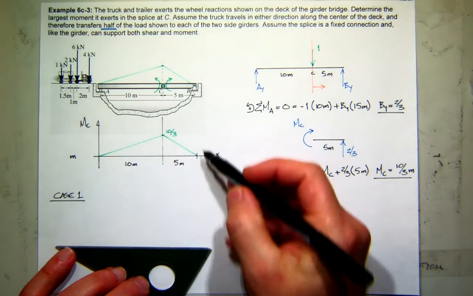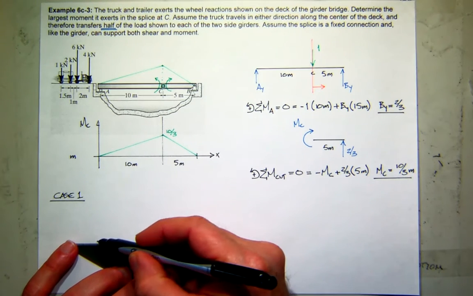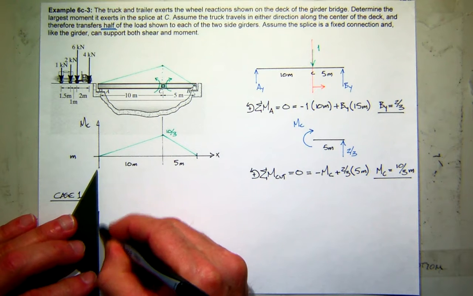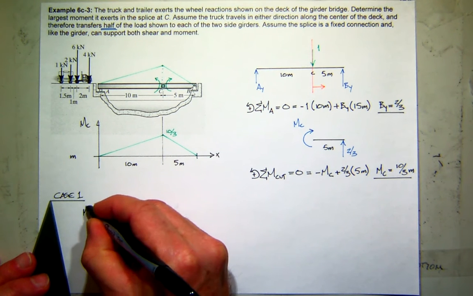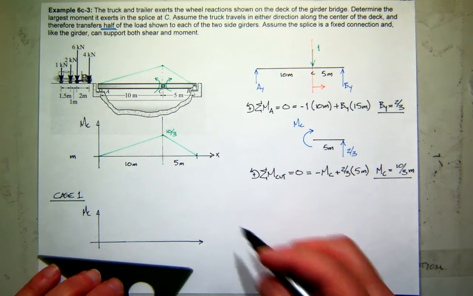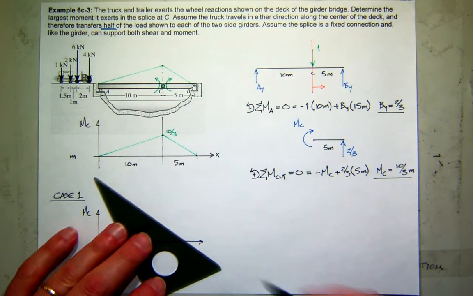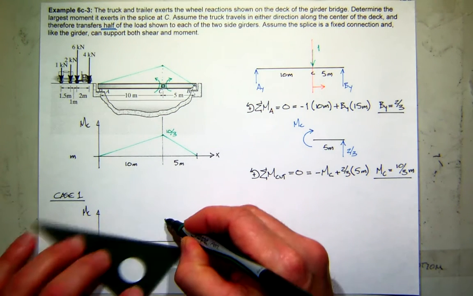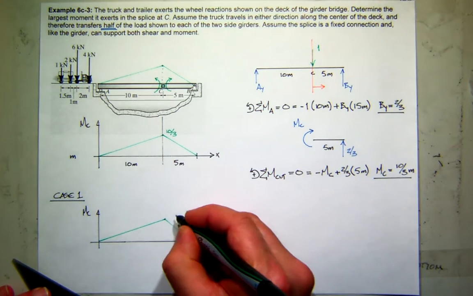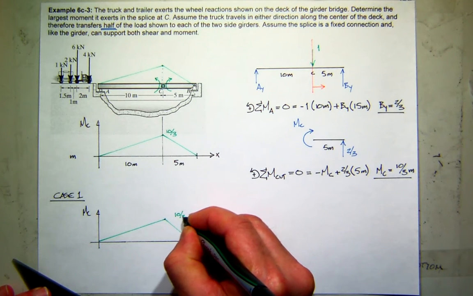All right, so what I'm going to do is kind of redraw this thing down here. All right, let's see if I can do this. Maybe not quite to scale. So we know this is 10/3.